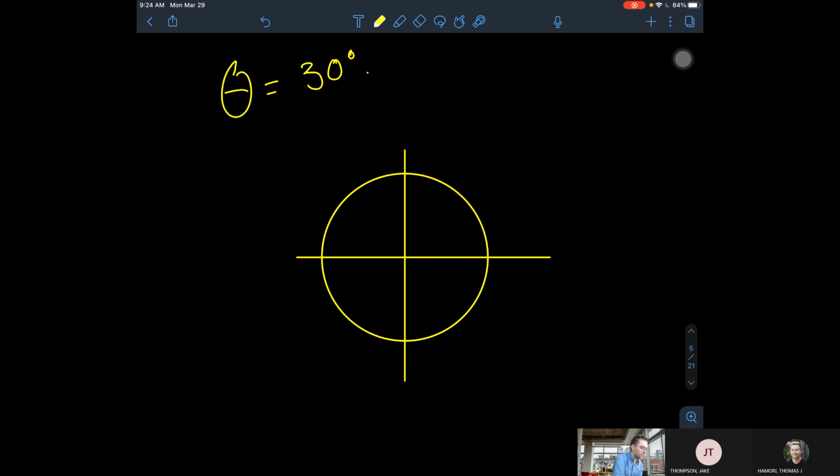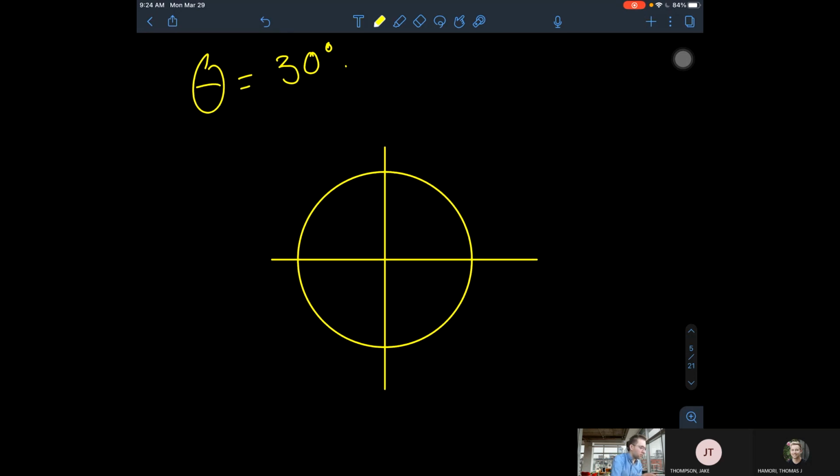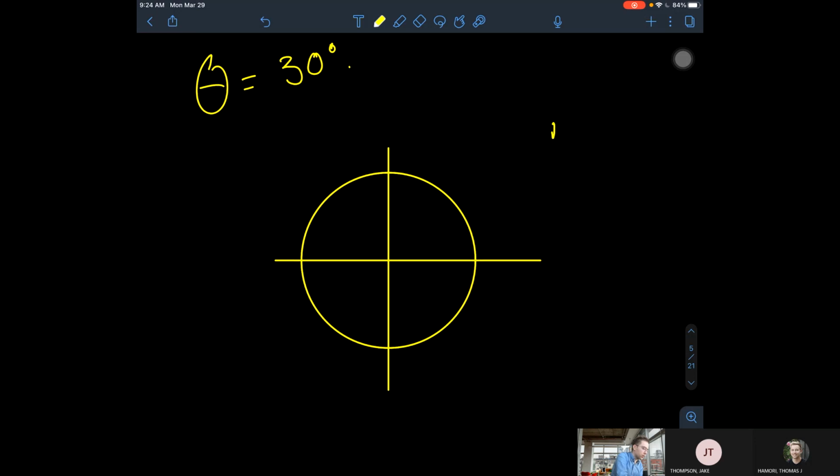So here's a unit circle. And maybe I can ask you if we've got quadrant 1, quadrant 2, quadrant 3, and quadrant 4, in which quadrant do we think that 30 degrees is going to point?